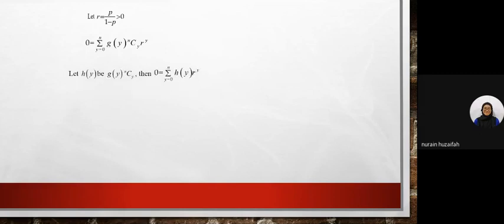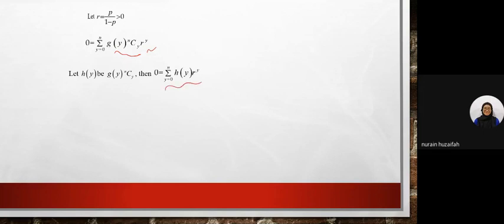In here we still have the term g(y) n choose y, r^y, and we're not sure which one should be equal to 0. So now we define h(y) as g(y) n choose y, which leaves us with h(y) r^y.